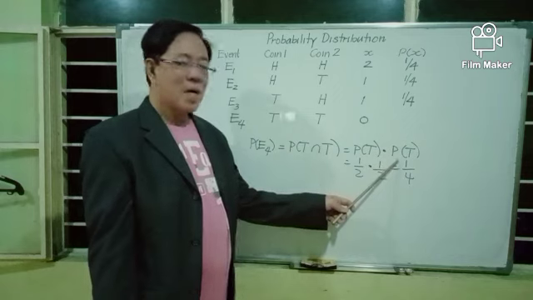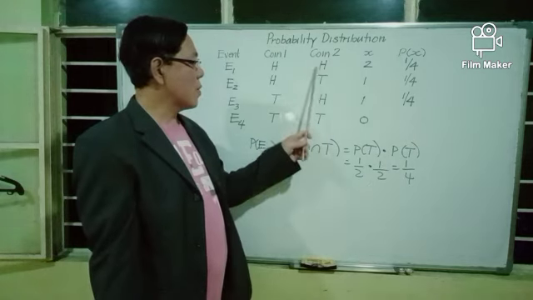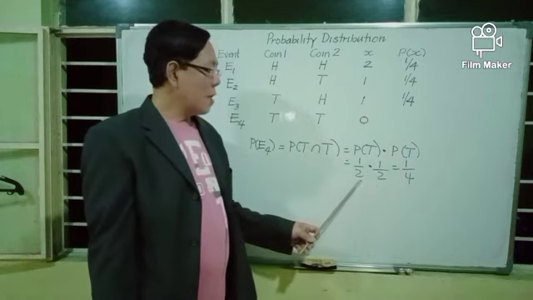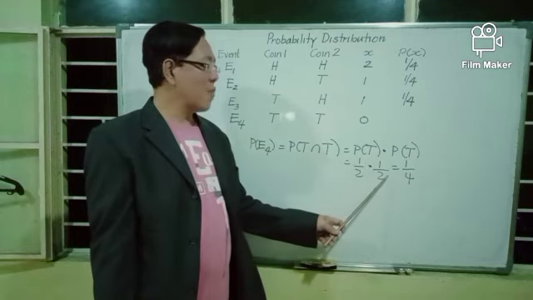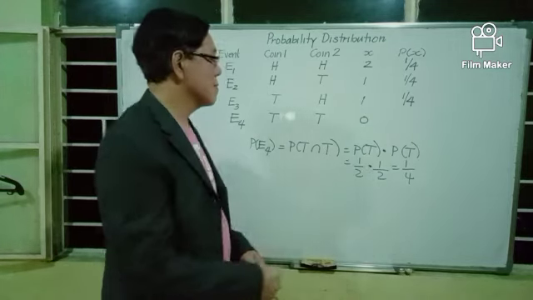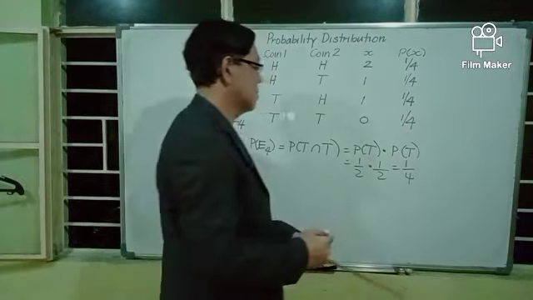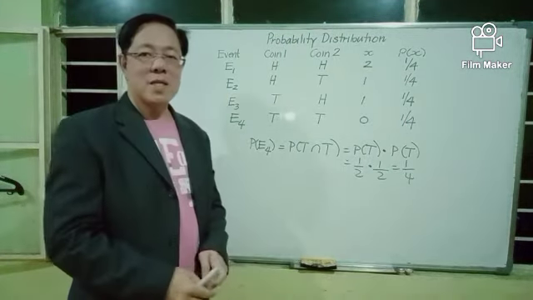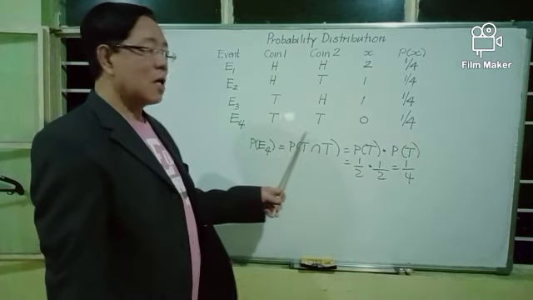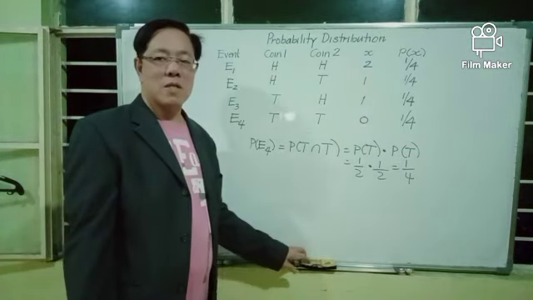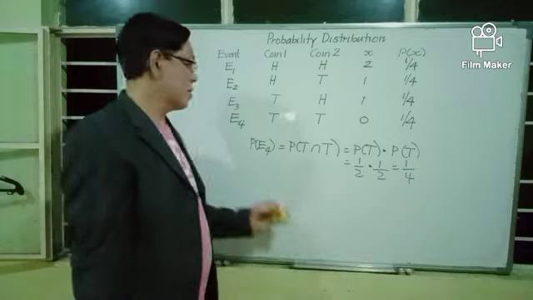And the probability of getting tail in the second coin is 1 over 2. And 1/2 multiplied by 1/2 is 1 over 4. Thus, the probability of getting two tails when you toss two balanced coins at the same time is 1 over 4.